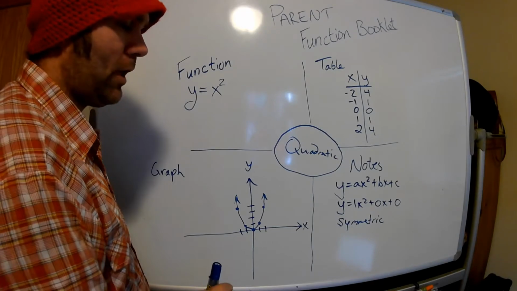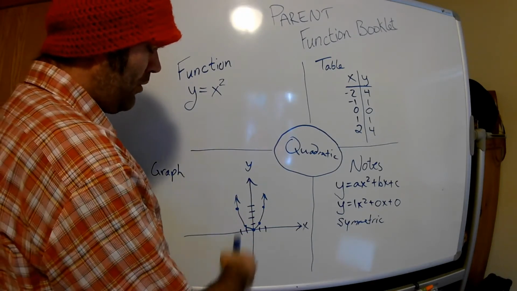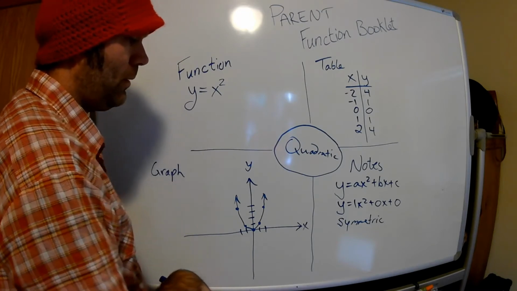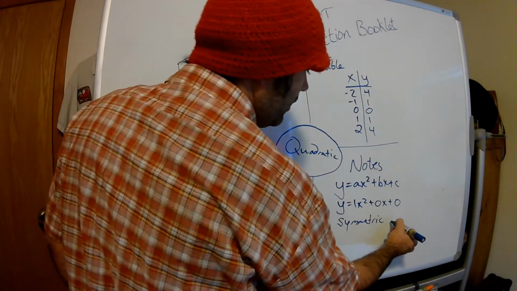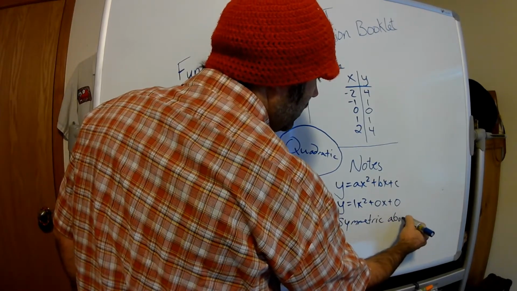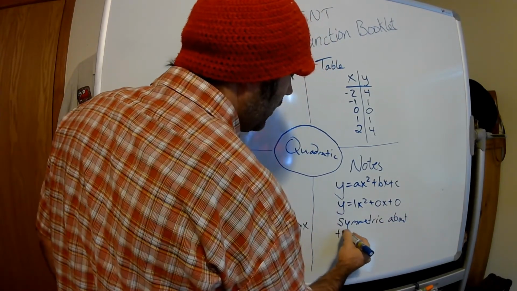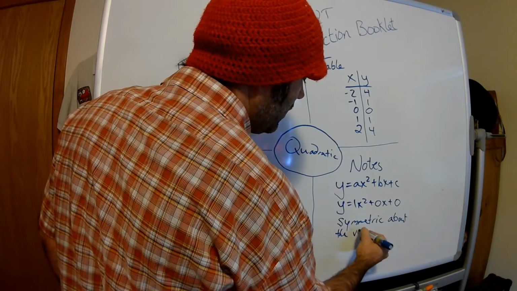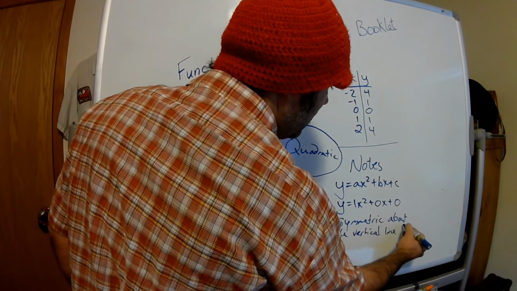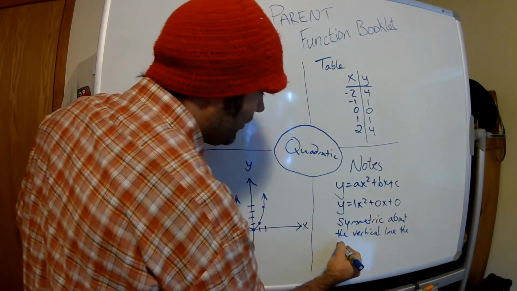It's like a mirror image across this vertical line that the lowest point is on. So it's symmetric about the vertical line the vertex is on.